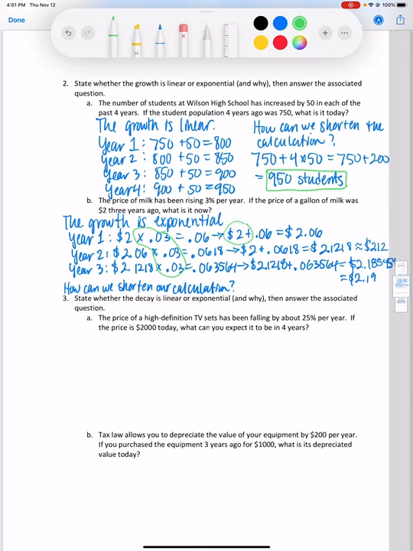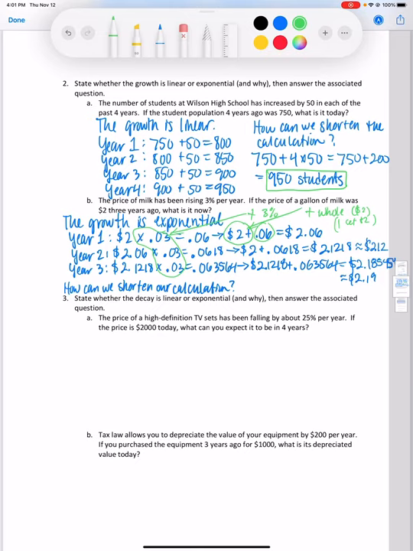So I'm actually adding on one whole $2. Every time, we're adding on 3%, and we're also keeping the whole $2, which is one set of $2.